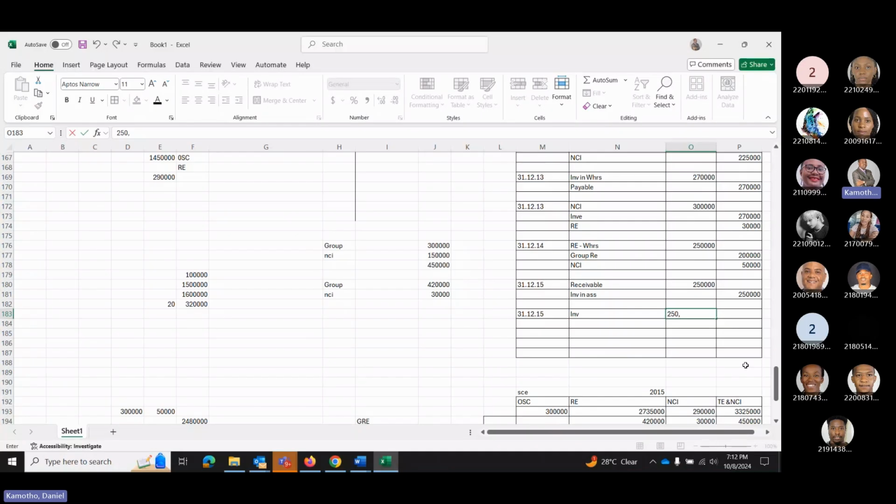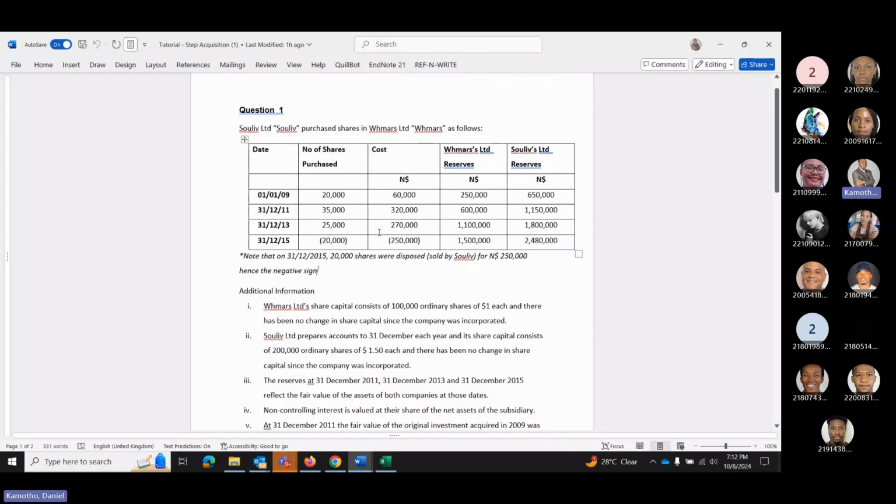But it is going to increase NCI. NCI was 20%, which is 320. NCI is going to increase from 20% to 40%, so ideally NCI is going to double.